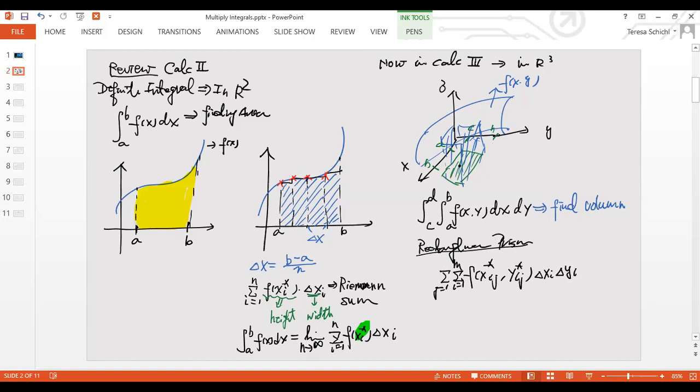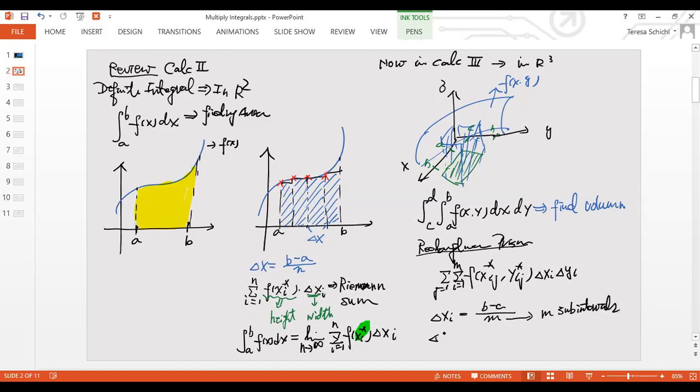So basically, you just divide the x-axis. What is delta xi here? It's b minus a over m, very similar to algebra in Calculus 2. So from the x-axis, I'm going to have m subintervals.